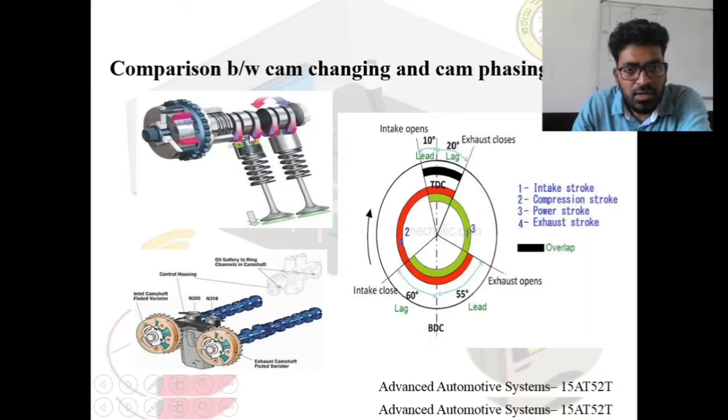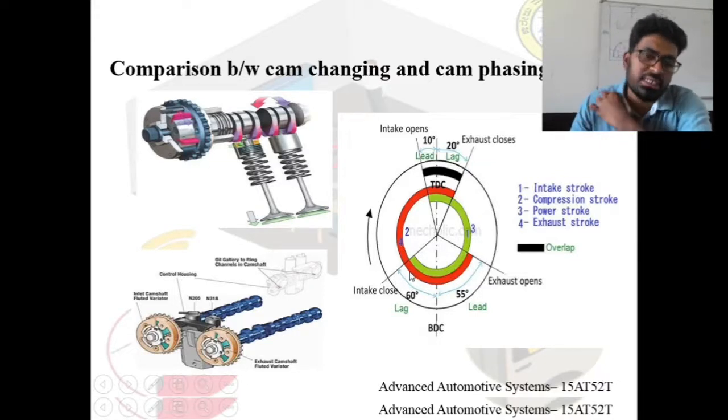On cam changing VVT, what happens if this small cam profile is operating the valve? Assume the small cam profile is operating the valve. At that time, the intake opens at 10 degree before TDC and intake closes 60 degree after BDC.